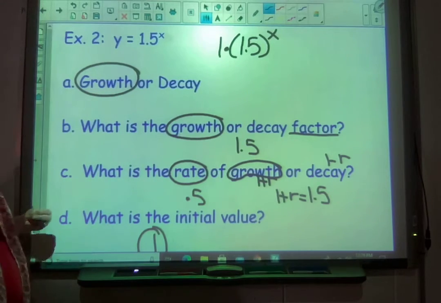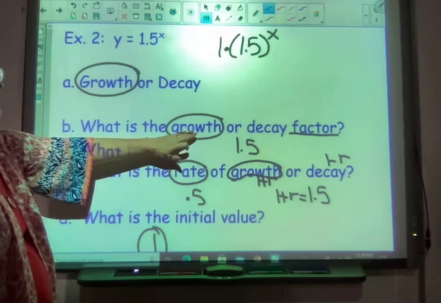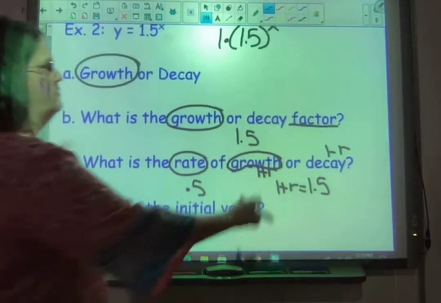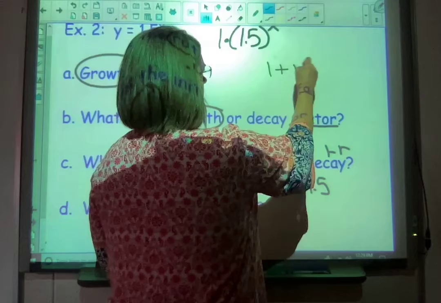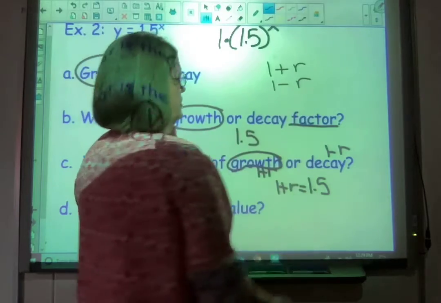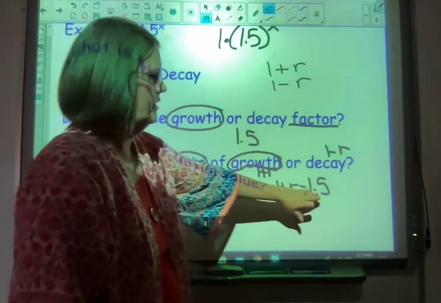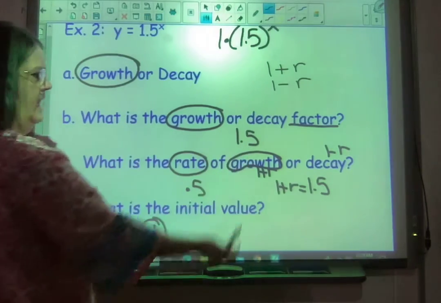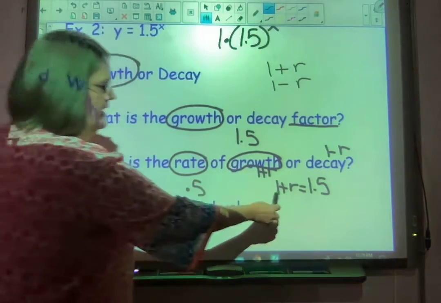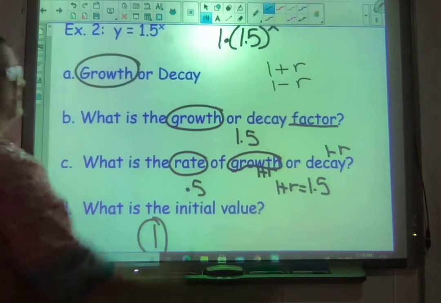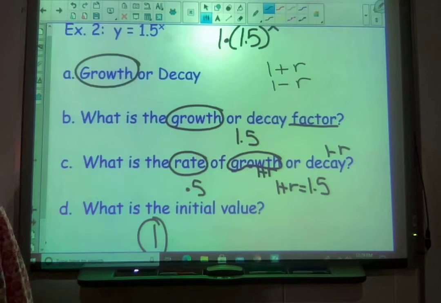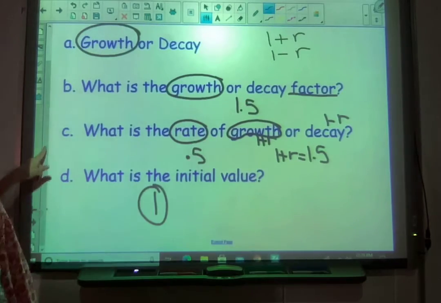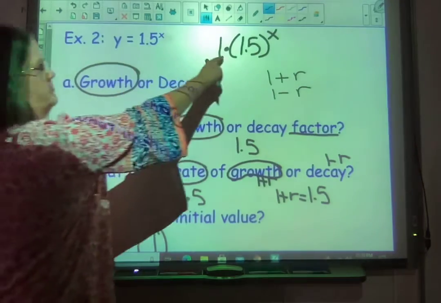How did I get there? Well, you remember the formula. It's 1 plus r or 1 minus r. So 1 plus some number gave me 1.5. 1 plus 0.5 is 1.5. So my rate of growth is 0.5 and my initial value is 1. Again, that is understood to be there.